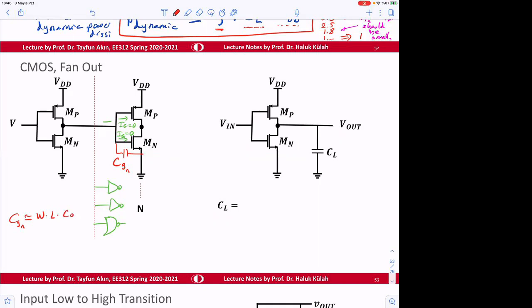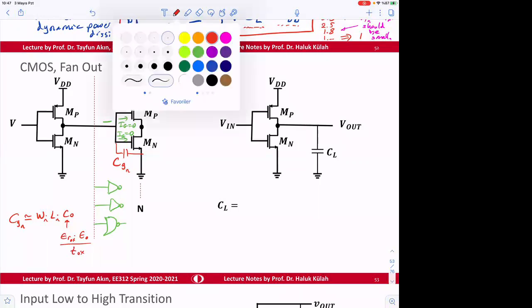This is the gate oxide per unit area, so relative permittivity of oxide times permittivity of free space divided by the oxide thickness. So that's for the N transistor.